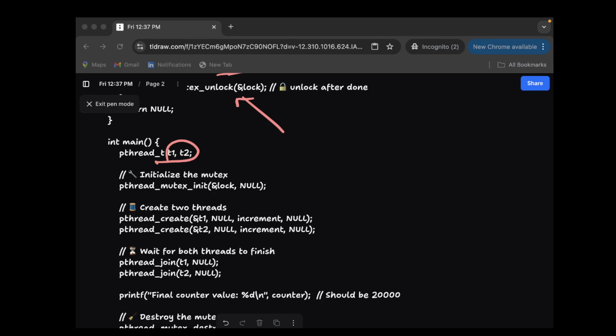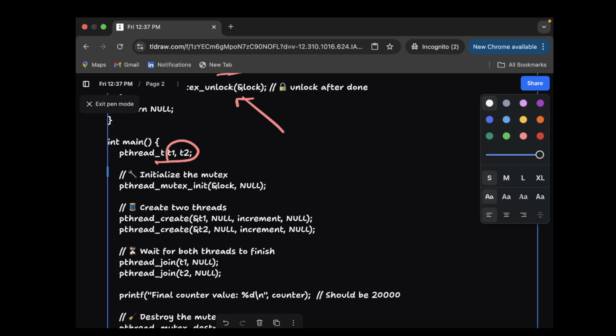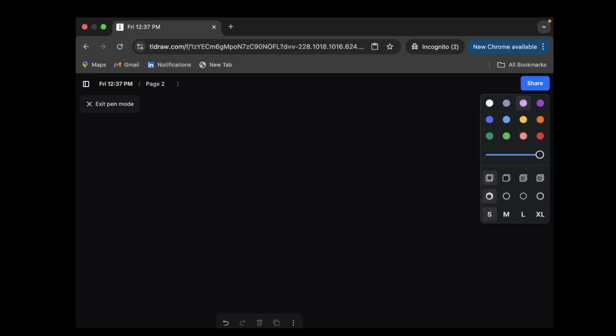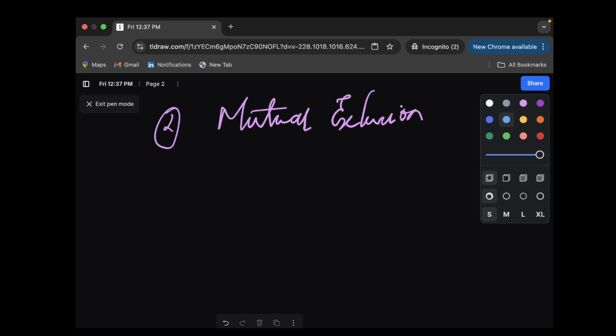Now let's see, there is one more method in which we can achieve mutual exclusion. So this is basically using semaphores, right?